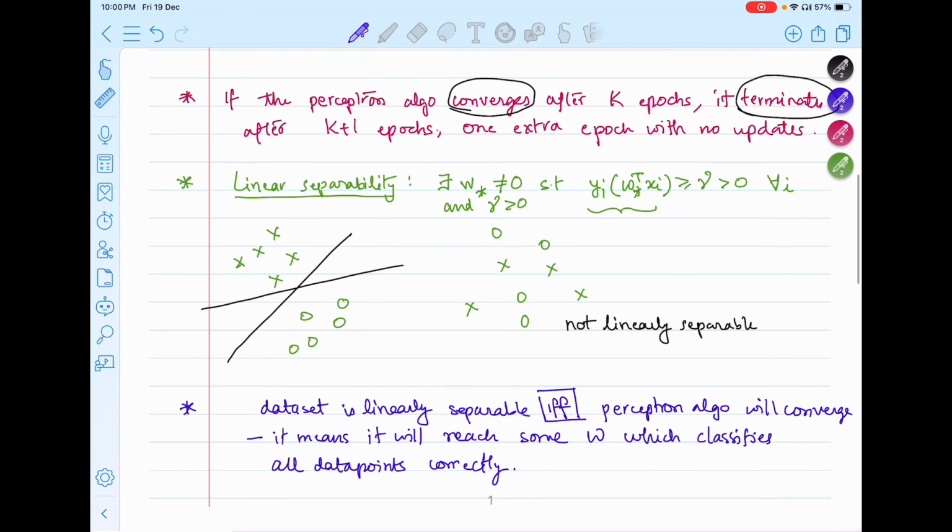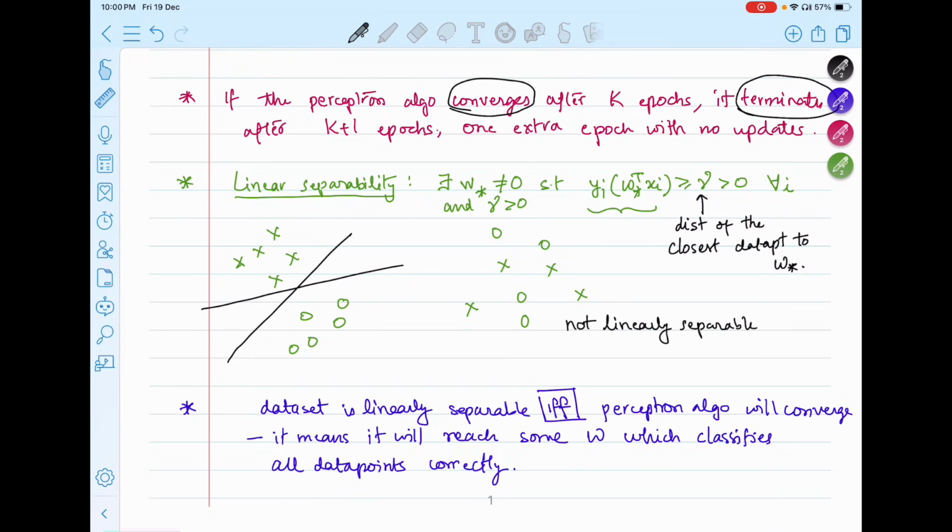I used this thing called gamma. What is gamma? You can think of gamma as the distance of the closest data point to W star. We saw W star, that is fine, but at the end of the perceptron algorithm, it is not necessary that we will end up in W star only.